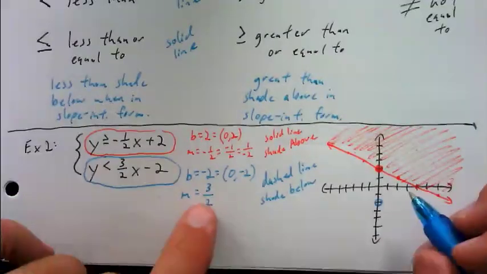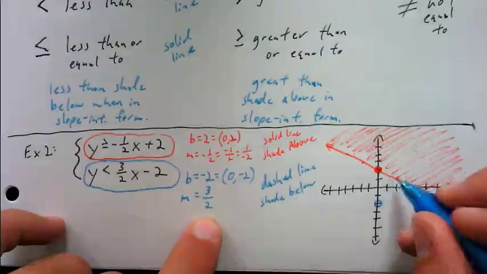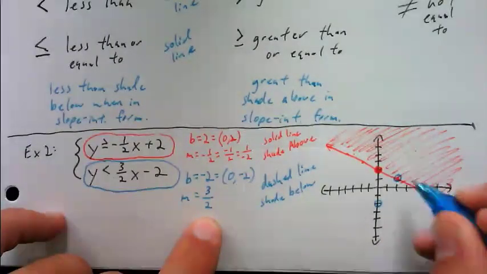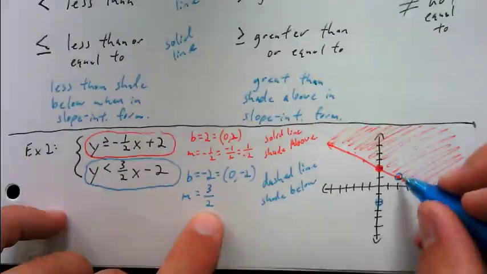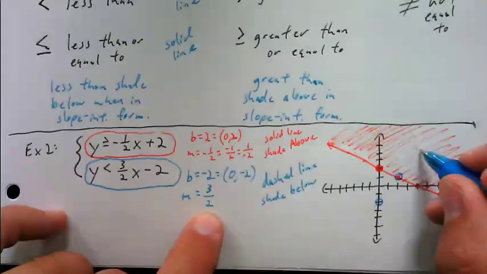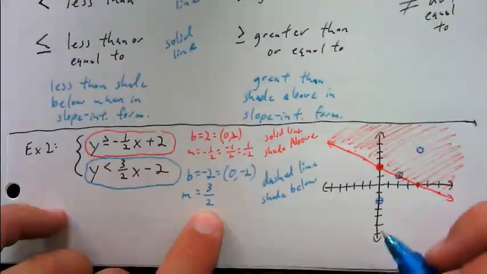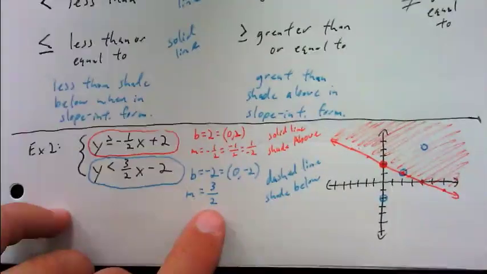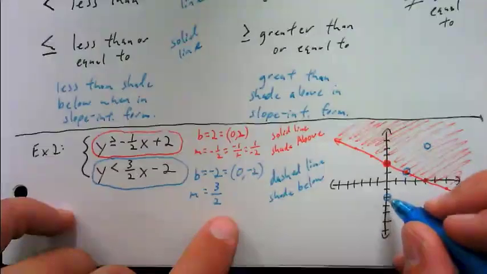So, for the next point, we're going up 3 and over 2. 1, 2, 3, over 2. Hey, look at that. We found a point where they intersect already. But let's keep going, because we want a straight line. Up 3 and over 2. Up 3, over 2. And we can also go backwards by going the exact opposite way. Instead of up and over to the right, we could go down and over to the left. So 2 negative directions.